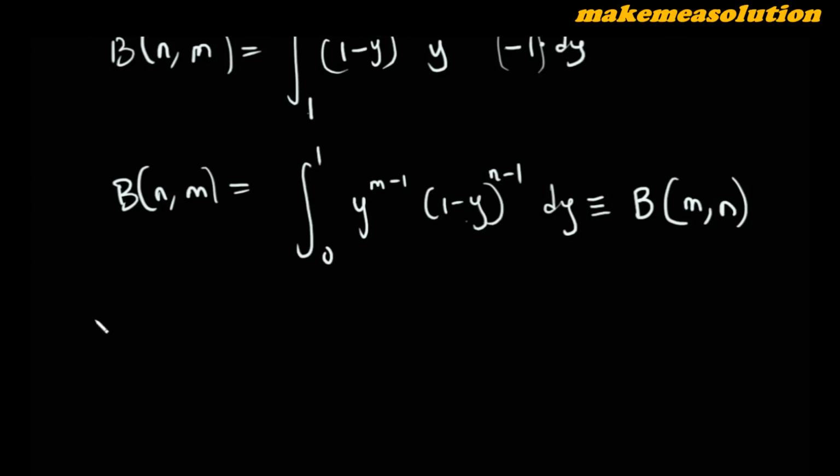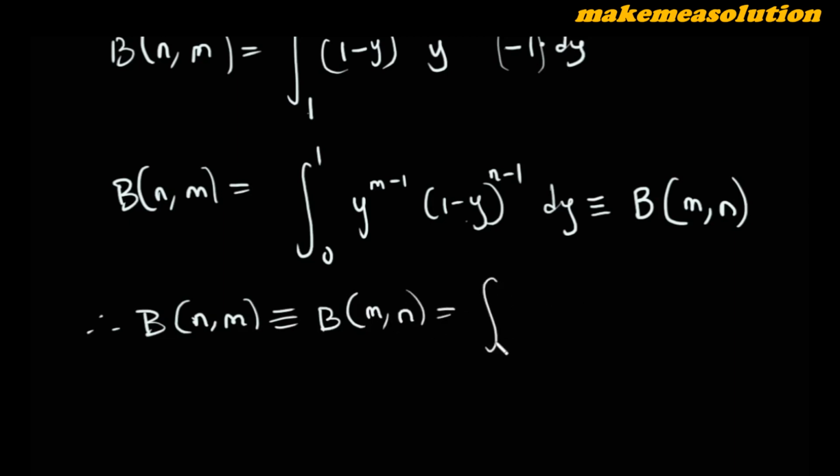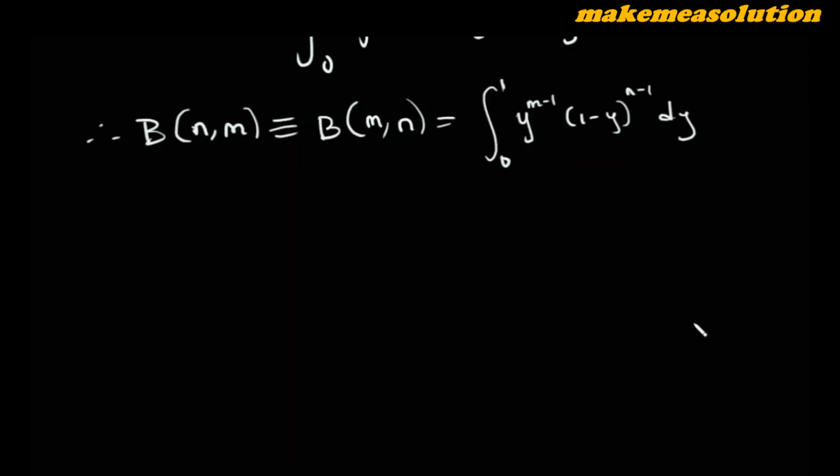So we have just proved that beta of n comma m is very much equivalent to beta of m comma n, and all of them can be solved with this integration form: y to the m minus 1, then 1 minus y to the n minus 1, then dy. Is that okay? Or if you want to use x, whatever you want to use, it's still the same thing. So this is one of the crucial properties of beta functions.